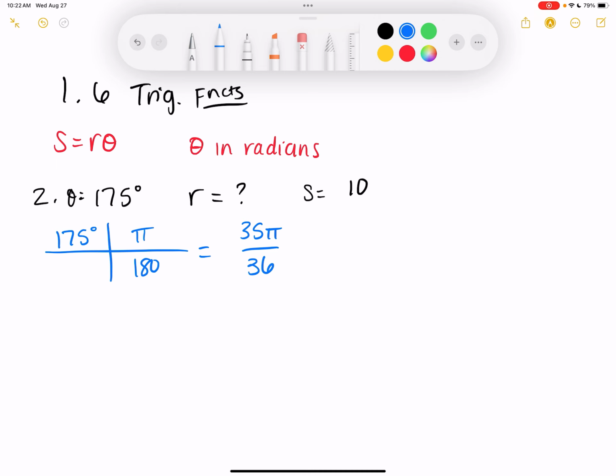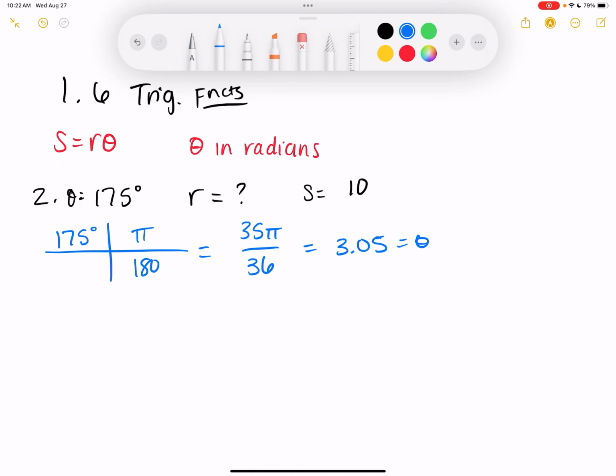Now, that is if you want to leave it in terms of pi. If you want to actually figure out what the number is, the 35 pi divided by 36 would be 3.05 for theta. You can use that too, it doesn't matter.